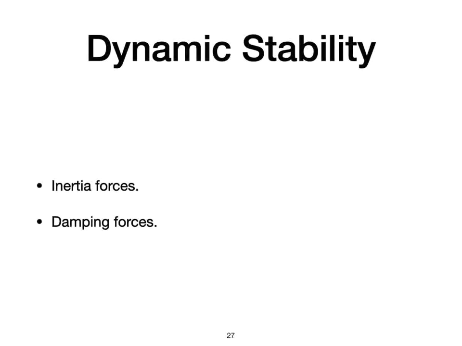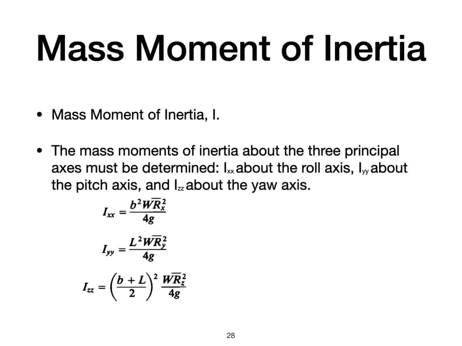Dynamic stability. Dynamic stability concerns the motion of the aircraft, which involves inertia forces and damping forces. Inertia forces derive from the tendency of mass to resist accelerations.